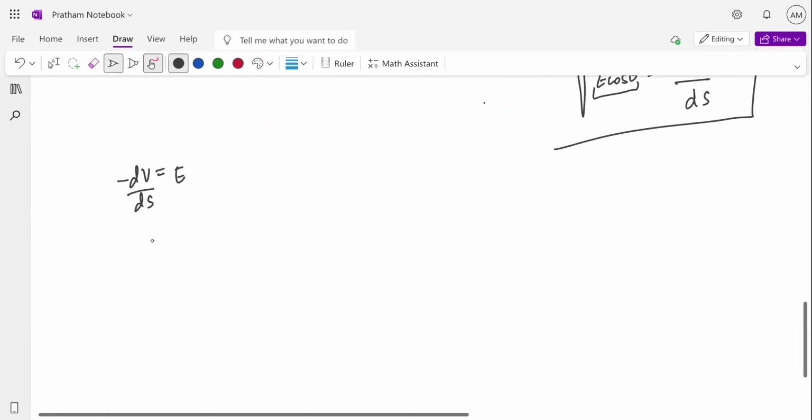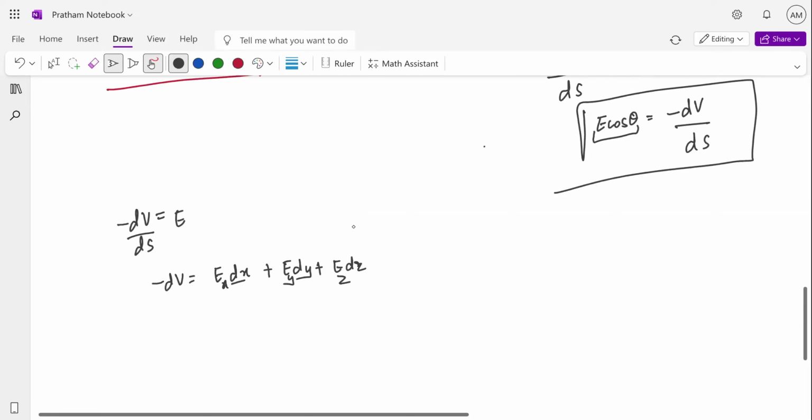So we can write dV equals E times dx plus E times dy plus E times dz. It means I am taking component Ex with dx, Ey with dy, Ez with dz.